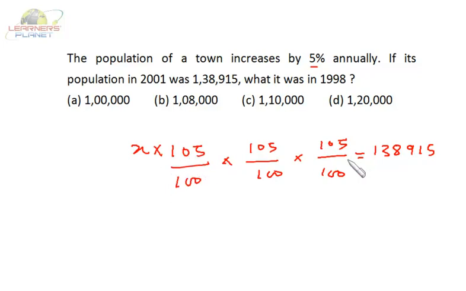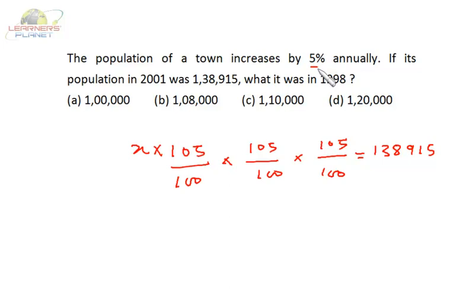Friends, there are two choices for you. Either you can calculate this and get the value of X, or you can get the approximate idea. Now what is the approximation in this case? Since the population is increasing by 5% per annum, after 3 years the approximate increase in the population will be 15 to 16%. Why am I saying 15 to 16%?